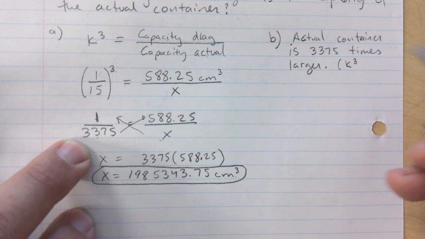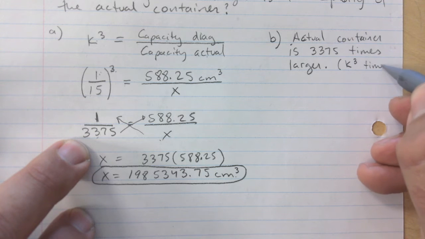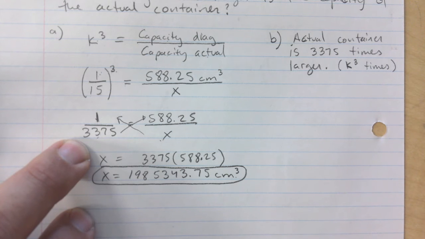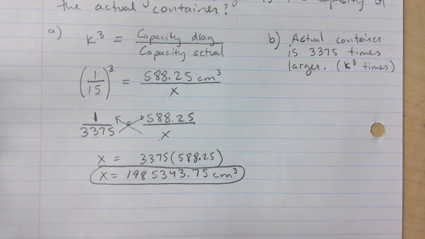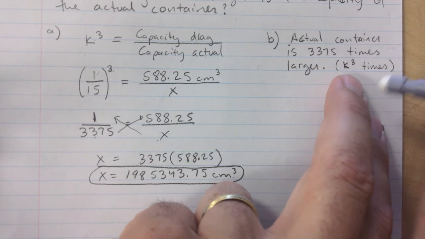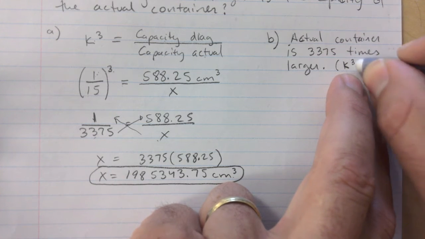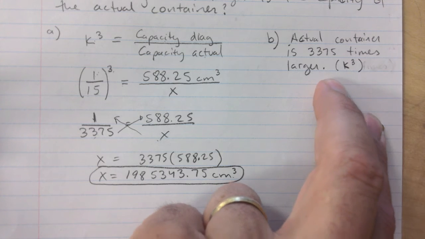K cubed times. Just put the K cubed there. I'm just going to leave it like that. K cubed.